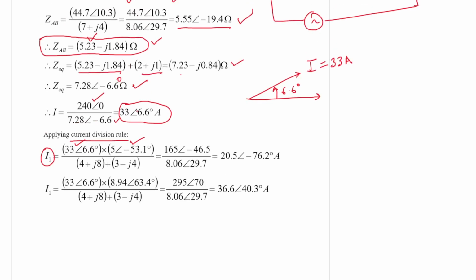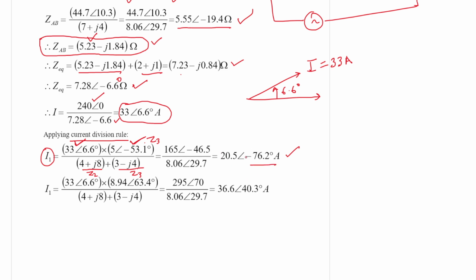So I am writing the total current into the impedance of the other branch, that means Z3, and in the denominator it is the summation of Z2 plus Z3. This is the current division rule, and if you solve this, it will come to 20.5 ampere with an angle of minus 76.2 degree.